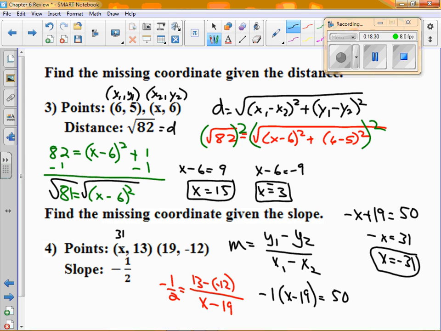That's still giving me the same thing. 31 minus 19 is 12. No, it's 12 over 13 minus negative 25 over, guys, that's not a half. I got something wrong.